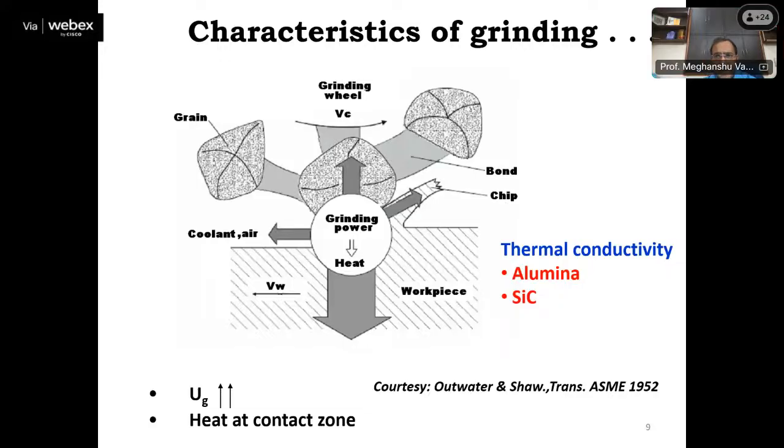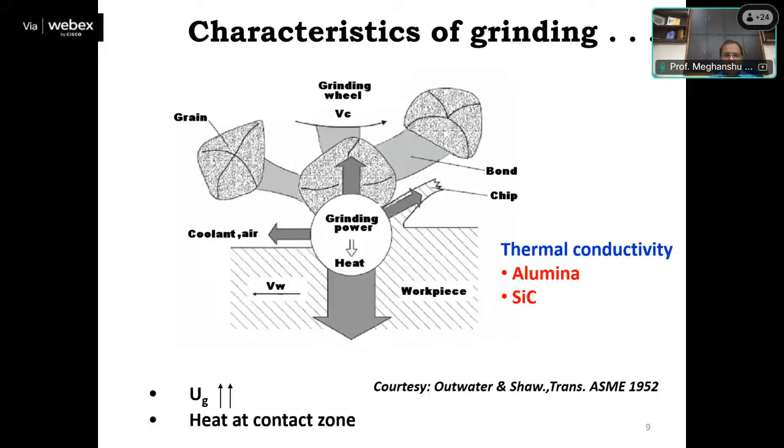But the biggest advantage of these super abrasive grits is their very high thermal conductivity. The thermal conductivity of diamond and CBN is around 250 watt per meter Kelvin. So if we are using this, then a large amount of heat will also transfer into the abrasive grit. Still, a significant amount of heat will transfer into the workpiece.